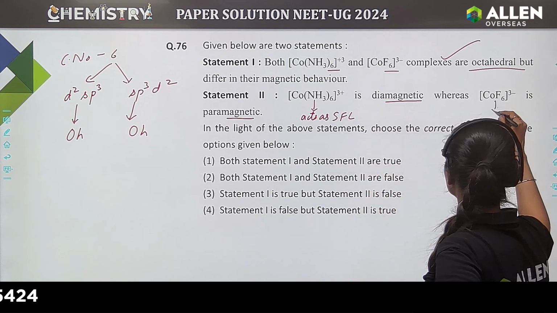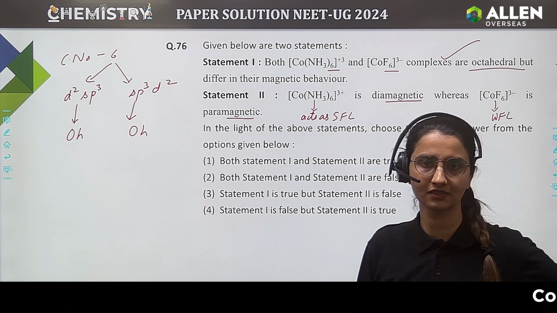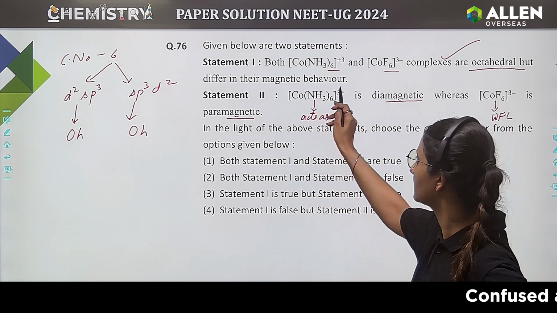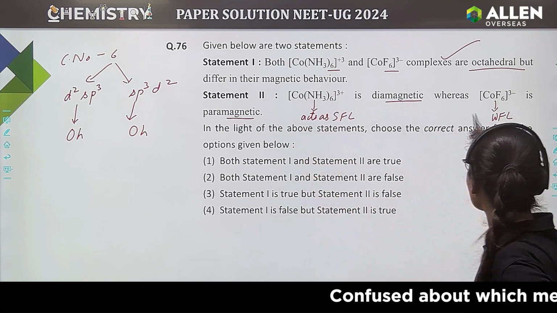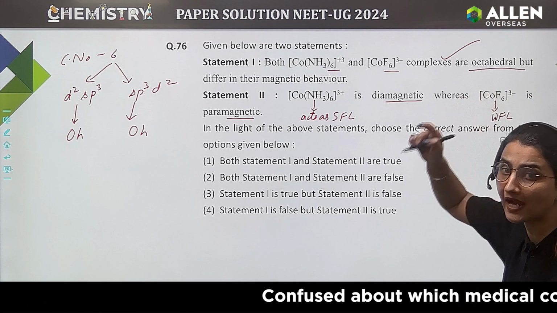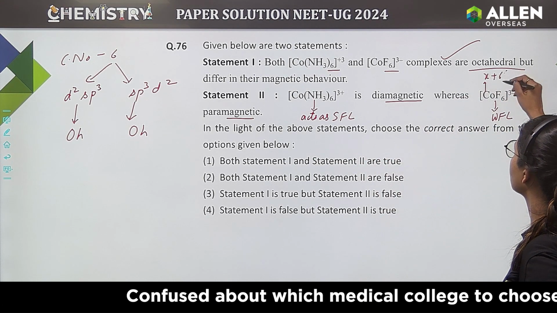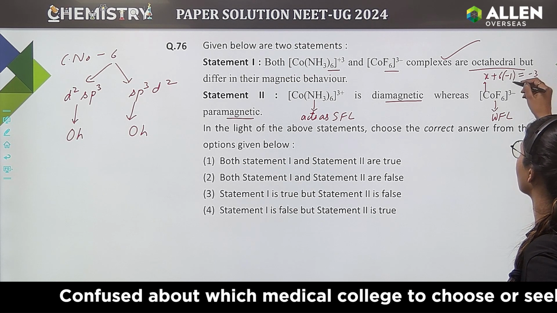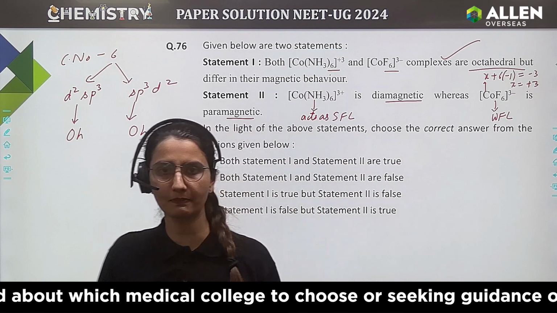F minus is your weak field ligand. We can check in both these cases. Co is in +3 because NH3 is neutral. F has a -1 state. If you find the oxidation state of Co, how do you find it? X plus 6 into -1, it is -3. What is X? X is +3. Both have Co in +3.